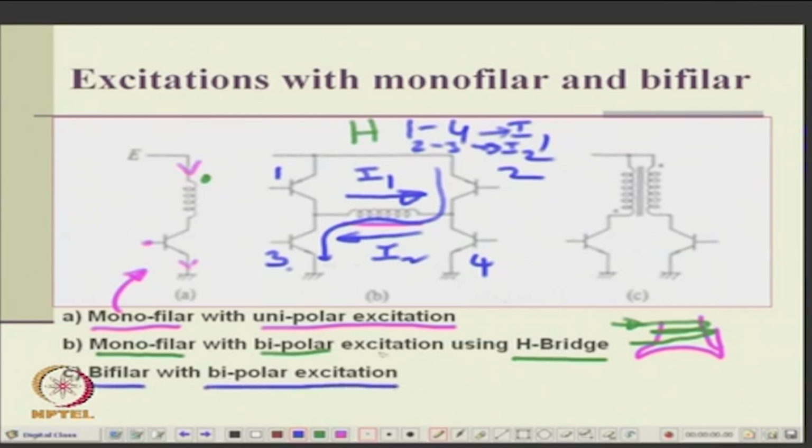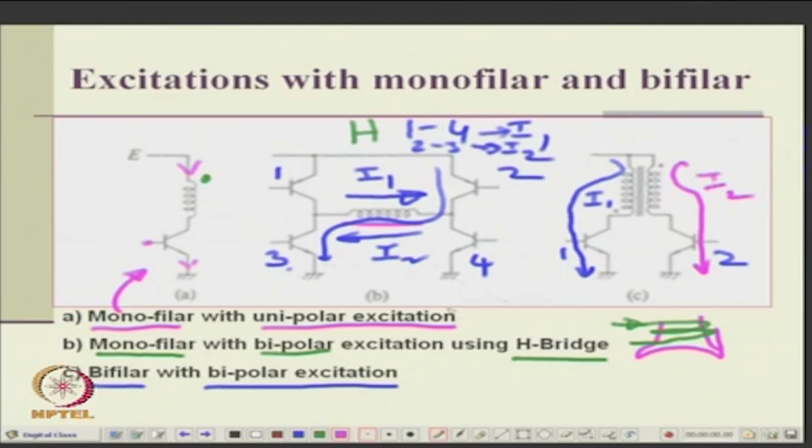This is also bipolar. Here it is on the same pole, but the switches are fewer, just 1 or 2 switches. If switch 1 is on, this will be the current I1, and if switch 2 is on, then this will be the current I2.